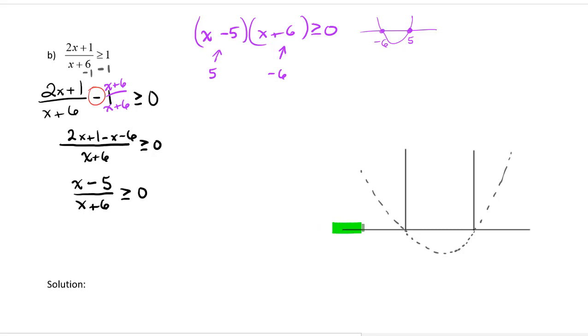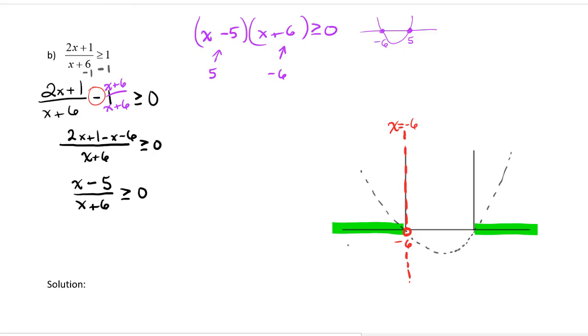So since I want greater than or equal to 0, and the vertical asymptote at negative 6 cannot be included, we'll put a hole at negative 6 where the vertical asymptote exists. And that value can't be included no matter what, because it would make the denominator undefined.